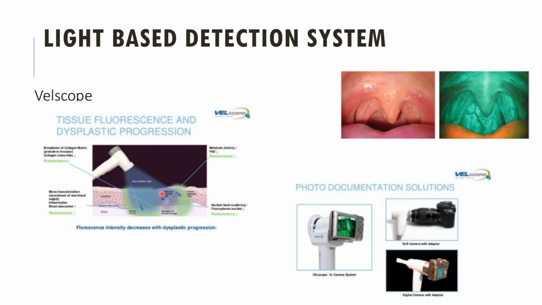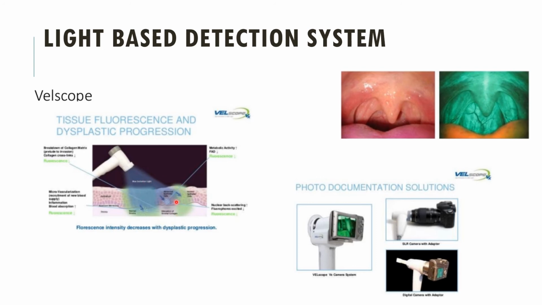If the tissue is normal, you will see this green light which is emitted by the normal tissue, seen through a narrow band filter which is incorporated into the instrument handpiece. Then abnormal atypical tissue appears darker than the adjacent normal tissues due to the decreased amount of normal autofluorescence. So if there is normal tissue, it will emit this green light.